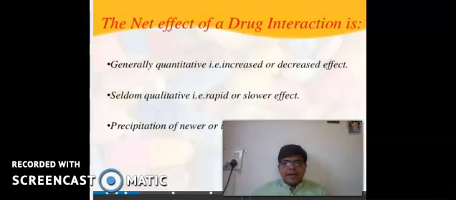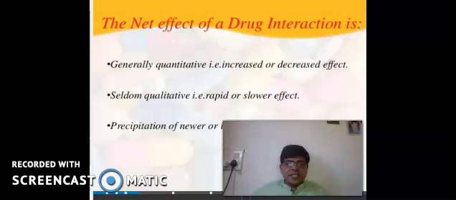The net effect of a drug interaction is generally quantitative, that is, an increased or decreased effect.